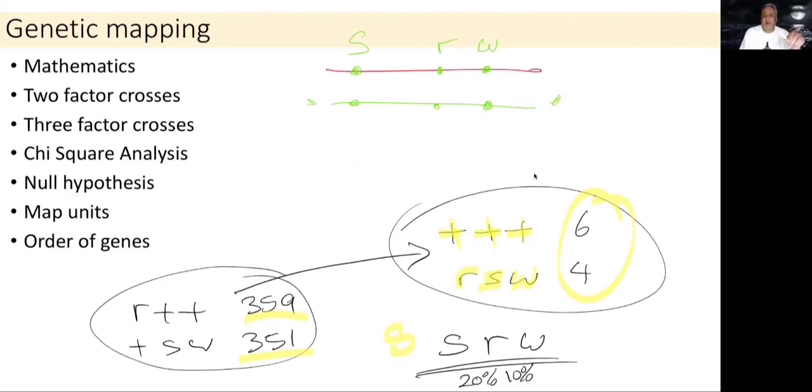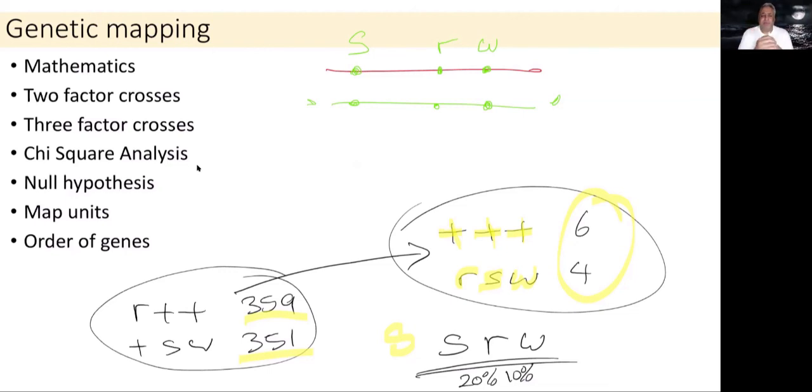So this 3-factor cross has allowed us to calculate 2 important things: the order of the 3 genes, who's in the middle, and their distance apart. Now you can confirm this by doing a further set of mathematics, but that's just a confirmation step. The scientists can then apply the chi-squared analysis to confirm that the expected data and the observed data are really different, and there is linkage going on.